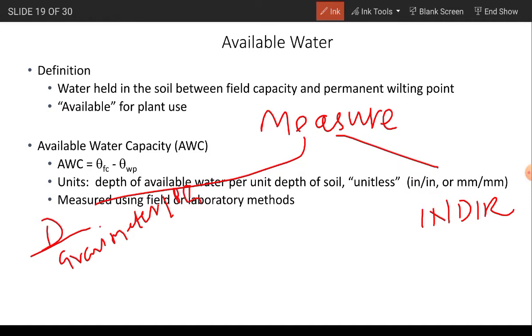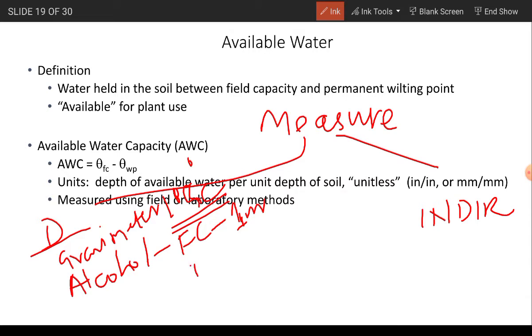By drying the soil, it is called the gravimetric method. Or alcohol burning. For field capacity, the alcohol required is 1 ml. For permanent wilting point, 0.5 ml of alcohol is required.